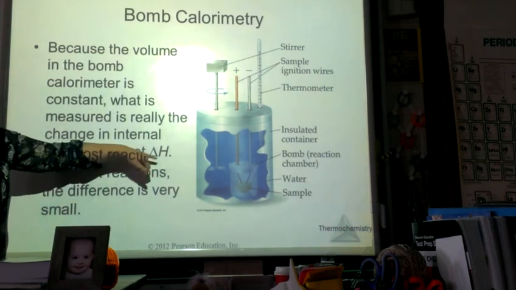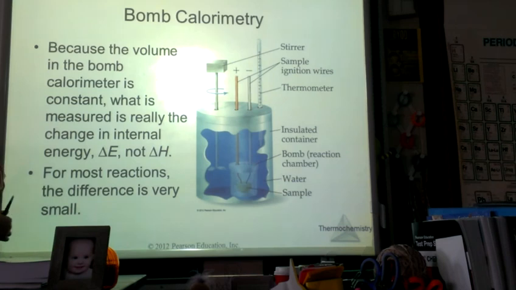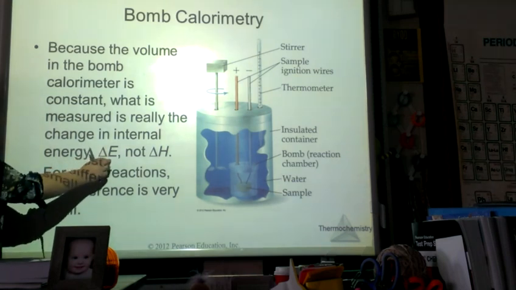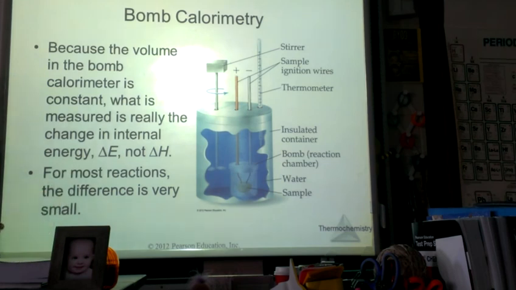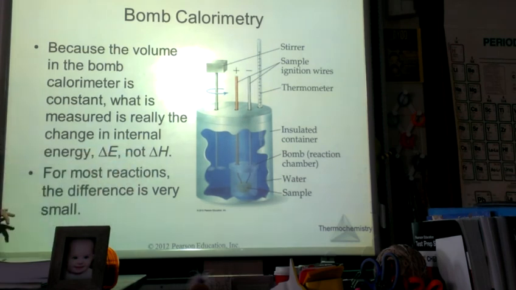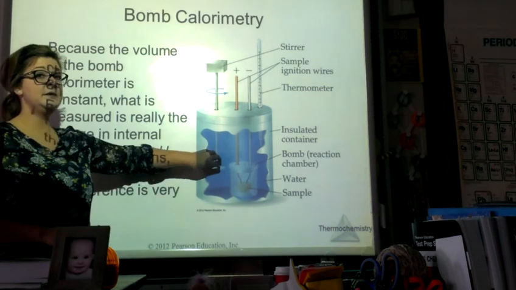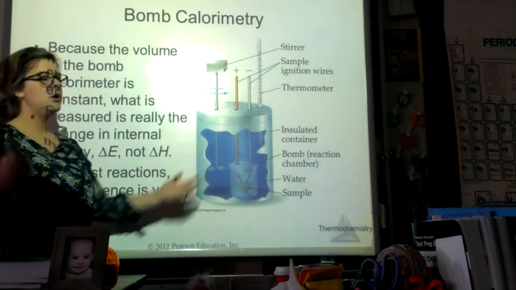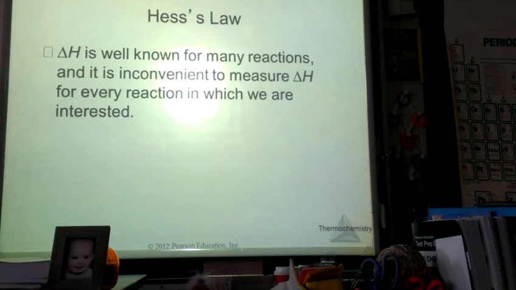So usually whenever we're finding delta H, because most of the time we forget about work being done, we really just think about it as the change in internal energy. And that's actually what we're finding. But for us, we're happy with it because the difference is so small anyway that doing things like this or the coffee cup calorimeter are totally working out well for us.